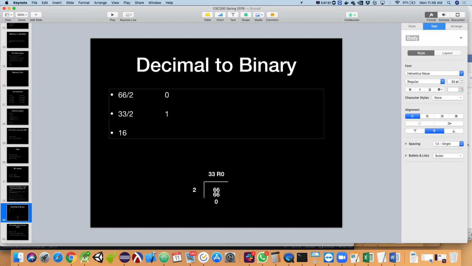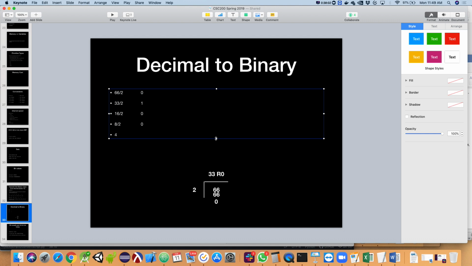I have 1 left over to get me back to a 33. So 33 divided by 2 is going to be 16, remainder 1. 16 divided by 2 is 8, remainder 0. 8 divided by 2 is 4, remainder 0.